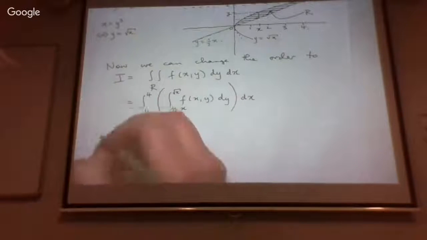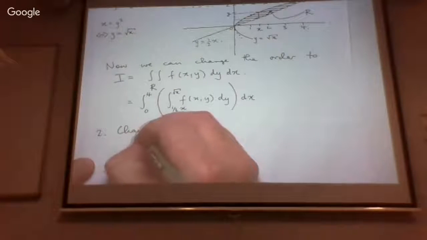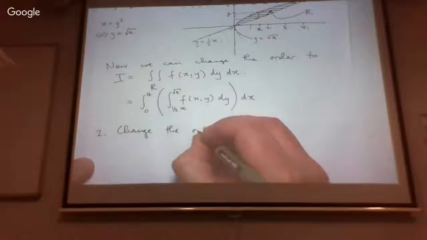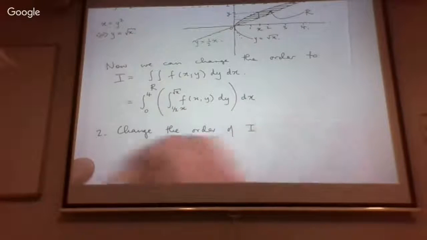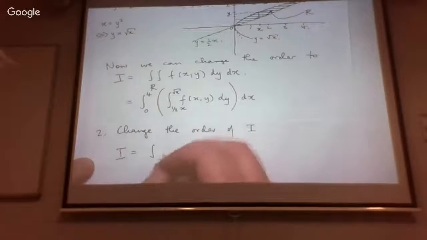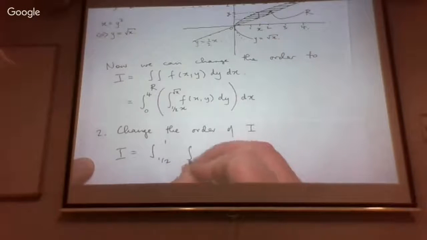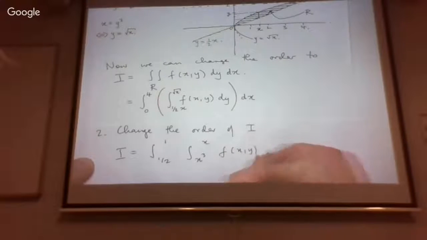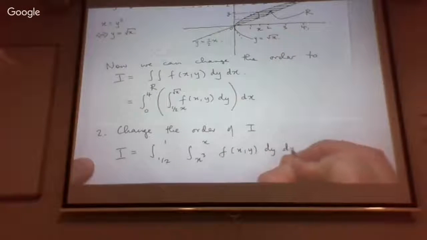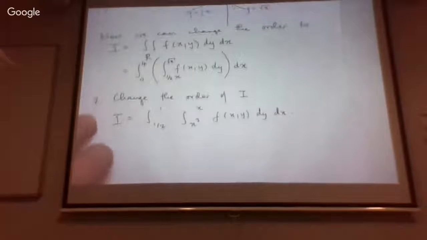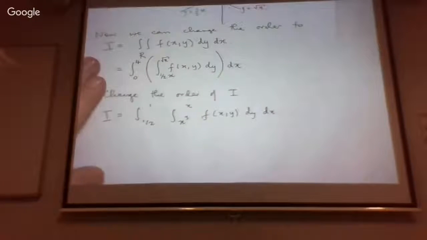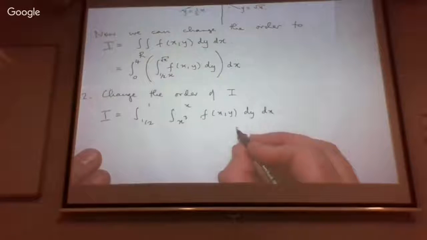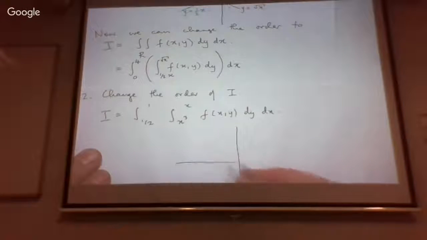So, second example, same task. Change the order of this integral, which goes from a half to 1, and then from x cubed to x, of f of x y dy dx. Again, the first task here would be to sketch the region of integration. x goes from a half to 1.